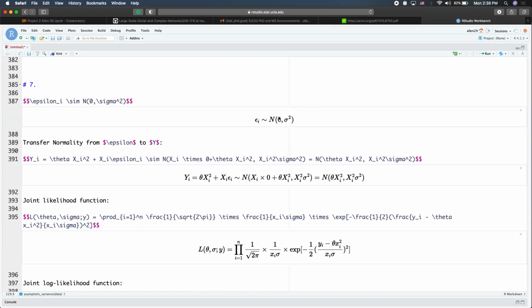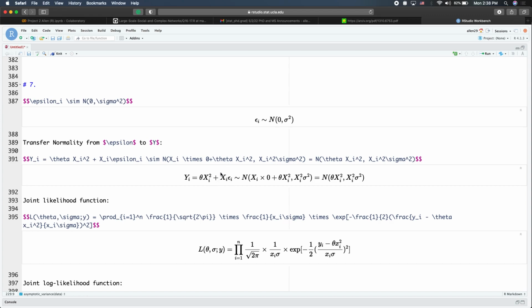Okay, so this is the distribution for epsilon i. We also have a function for yi, and now we are trying to get the distribution for yi. The mean value for epsilon i is 0.